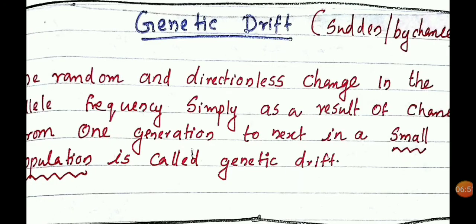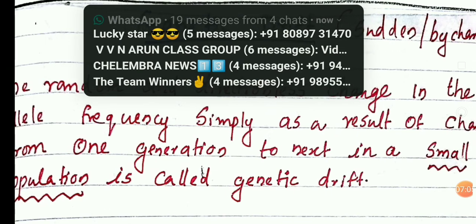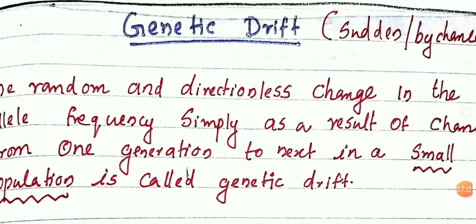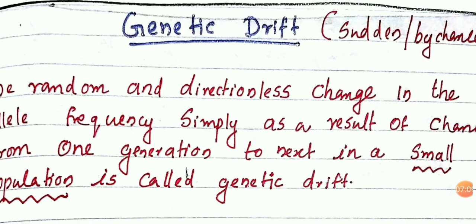Okay, next question: what is genetic drift? Random and directional change in the allele frequency simply as a result of change from one generation to the next in a small population is called genetic drift.